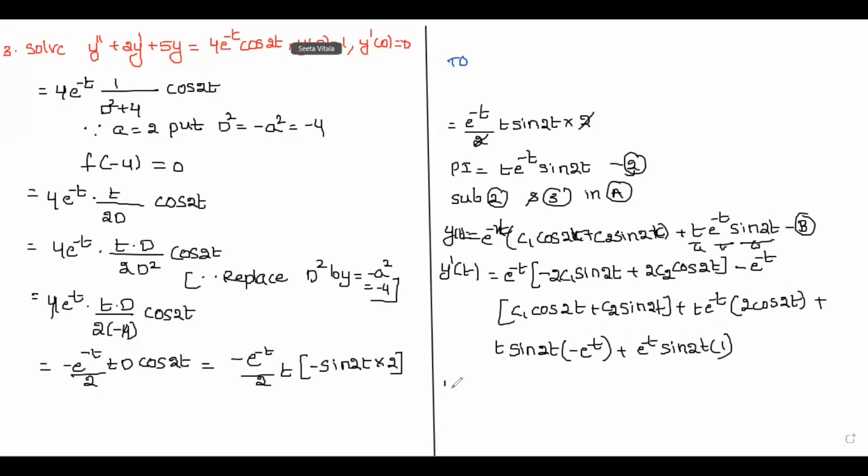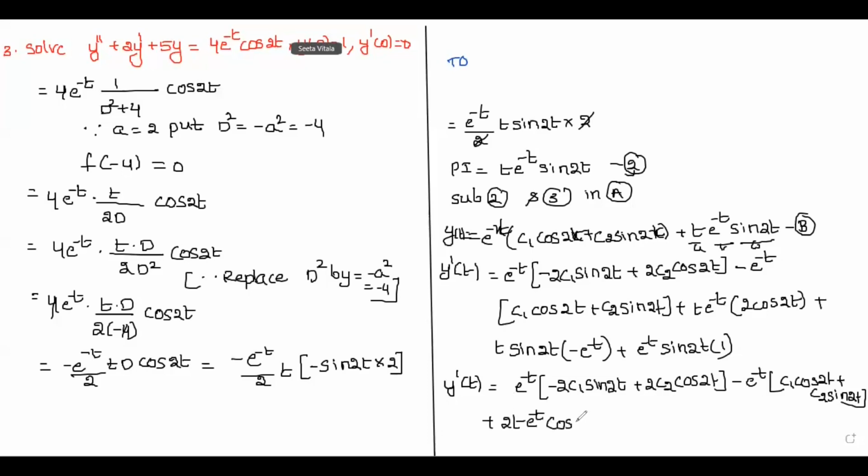So after simplification we get y dash of t is equal to e power minus t into minus 2c1 sin 2t plus 2c2 cos 2t, minus e power minus t into c1 cos 2t plus c2 sin 2t, plus 2t e power minus t cos 2t, minus t into e power minus t sin 2t, plus e power minus t sin 2t.